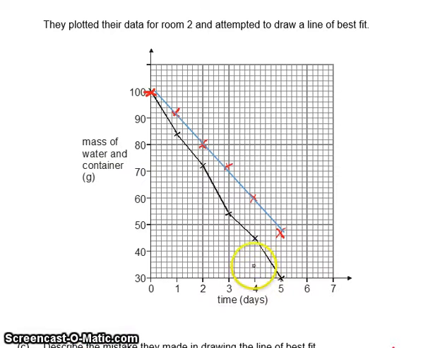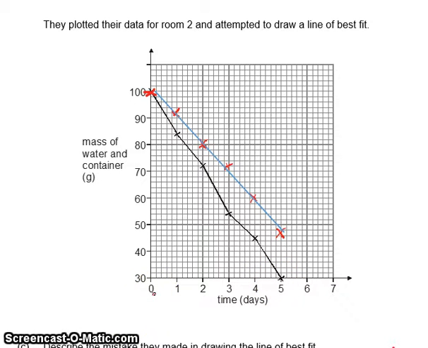And the reason that you can say it is room 2, here's room 2, you can say that the rate of evaporation is greater in room 2 because the gradient or the steepness of the line is more than in room 1. So this is room 1 here, and you can see that the water evaporates quicker in room 2 here. Sorry, I'm just making sure I'm getting the right data there.